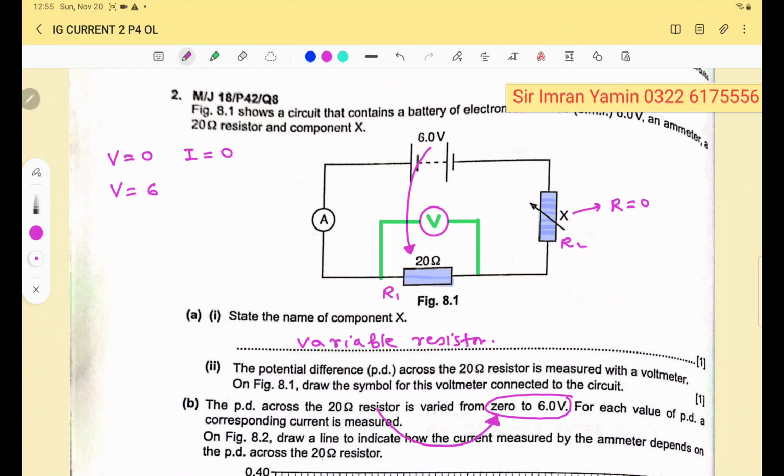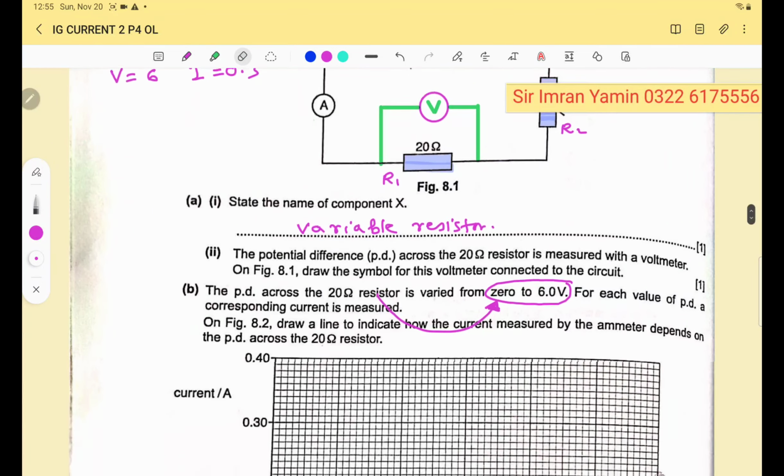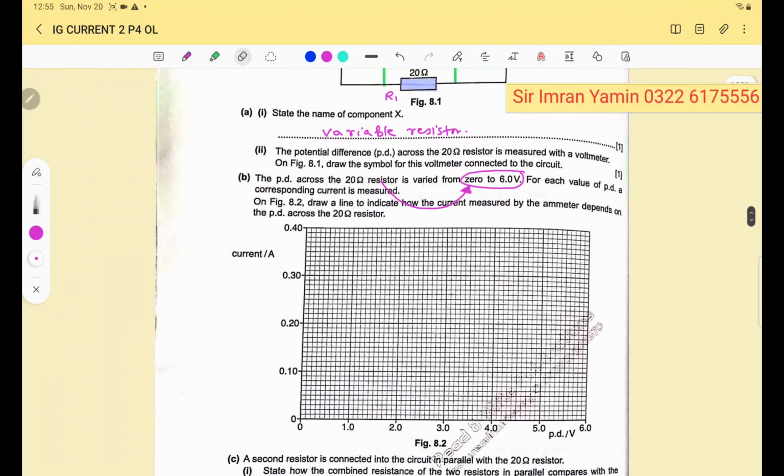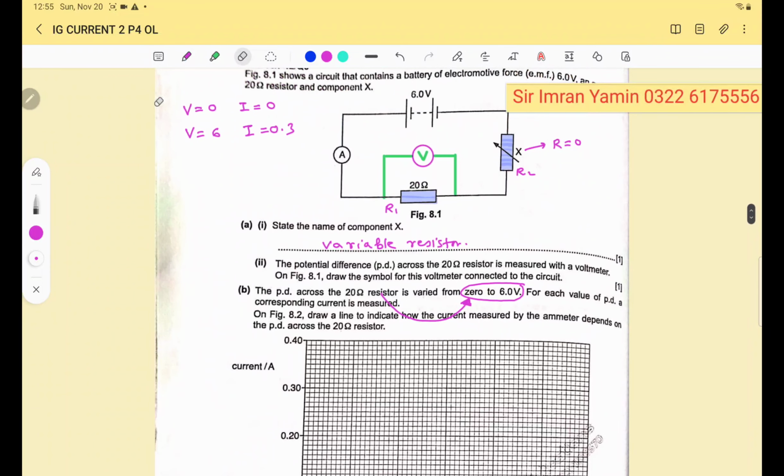So the PD across this 20 ohm resistor will be 6 volt, and the voltage 6 divided by 20 gives a current of 0.3. The current is 0.3. And they are asking to draw a graph. So I calculated these values and I am shifting these values downward.